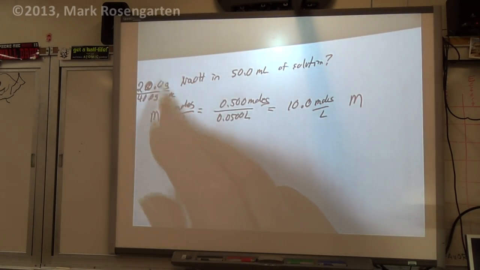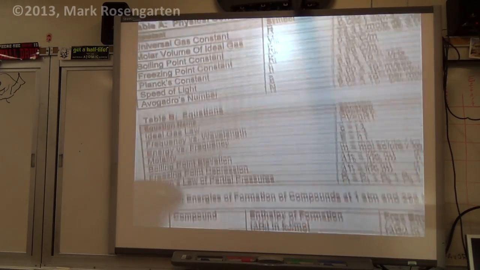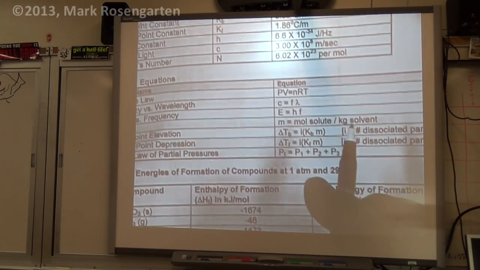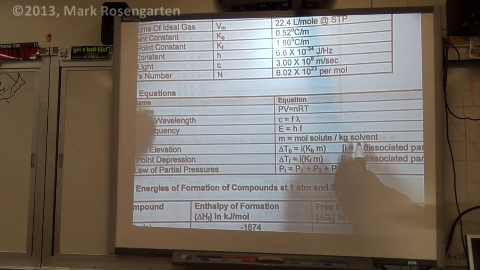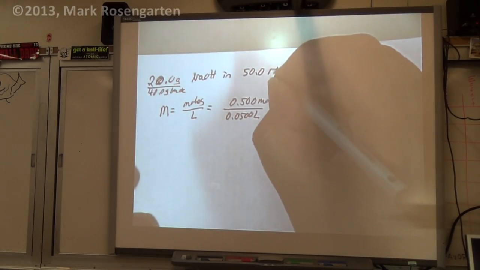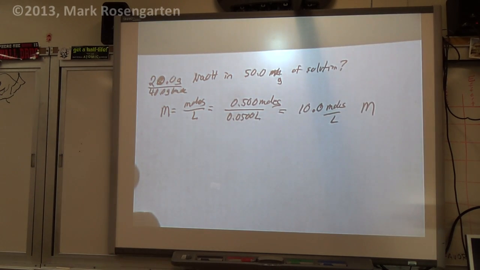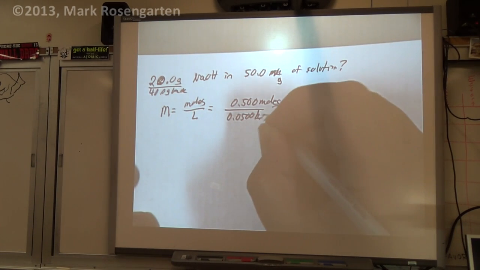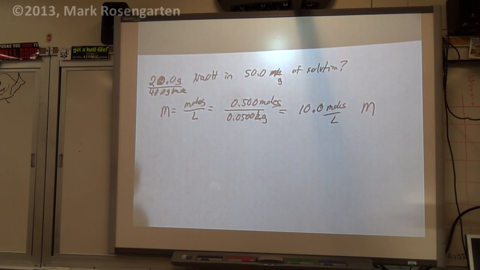If you had grams, you'd convert it to moles. Per kilogram of solvent. So what I would say up here is 50.0 grams of solvent. That would be 0.0500 kilograms. And then we'd solve it exactly the same way. Yep, molarity and molality work the same way. Molarity is testable on the Regents. Molality is only on the final.